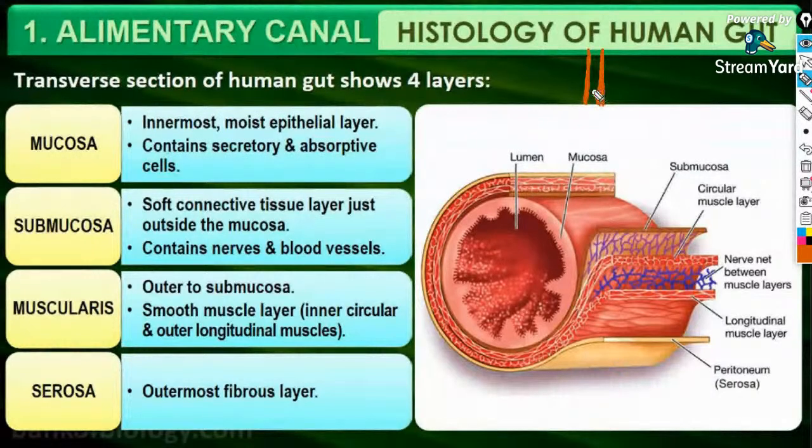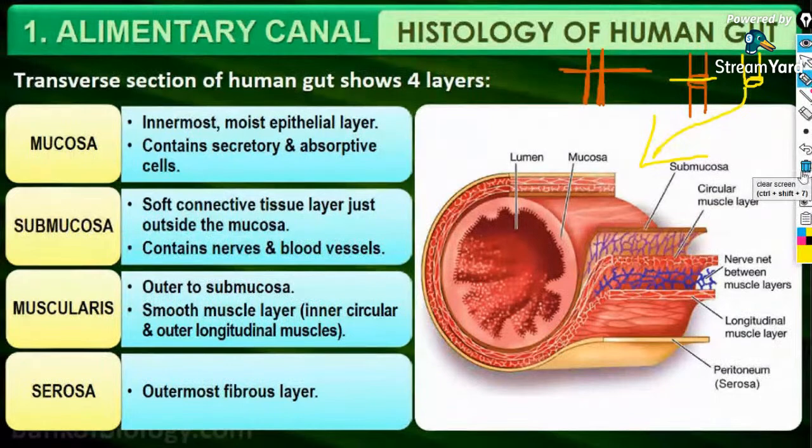What we are going to do right now is cut the tube. When I cut the tube and look, it would be a circular outline like this. When I cut it into two parts, I will get a structure like this.